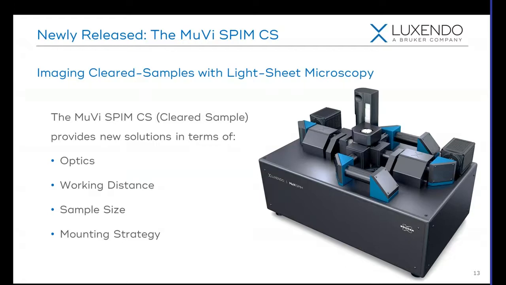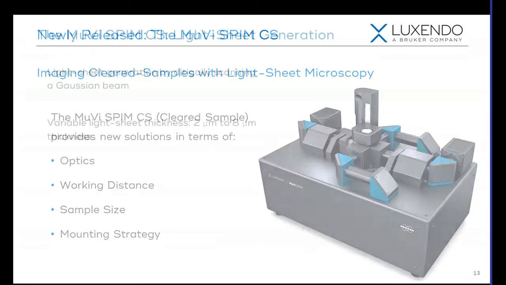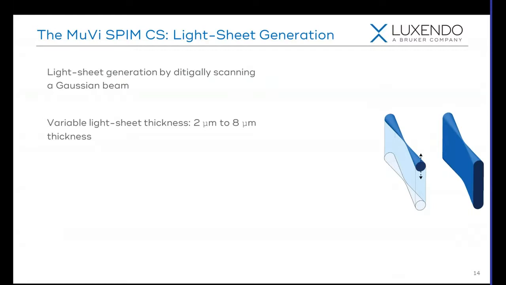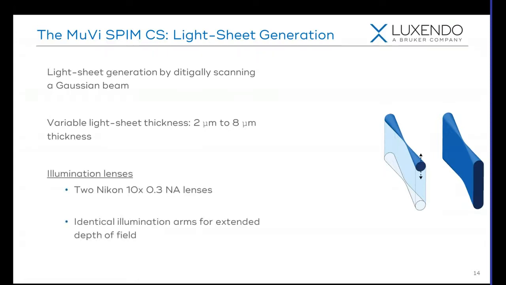What stayed the same between the MuVi SPIM and the MuVi SPIM CS is the excitation pathway. So we're still creating our light sheet with digitally scanned Gaussian beams, and we'll have a variable thickness of this beam that's adjustable based on user preference, anywhere from 2 microns to 8 microns. The excitation comes from 2 separate illumination arms consisting of 2 10x lenses.